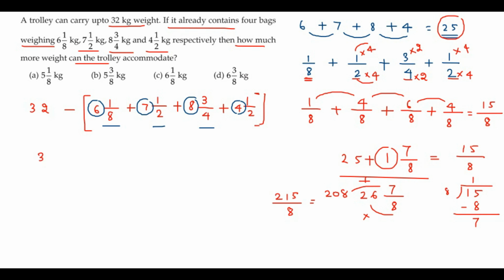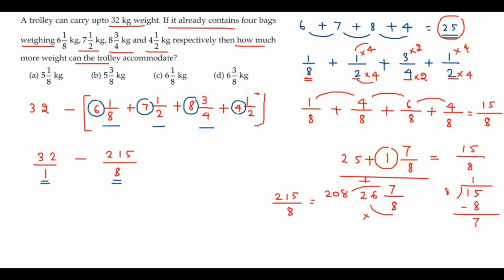Now let us subtract 32 and 215 upon 8. 32 is a whole number. You can make it a fraction by giving 1 as a denominator, and for subtraction I will convert the denominator 1 to 8.